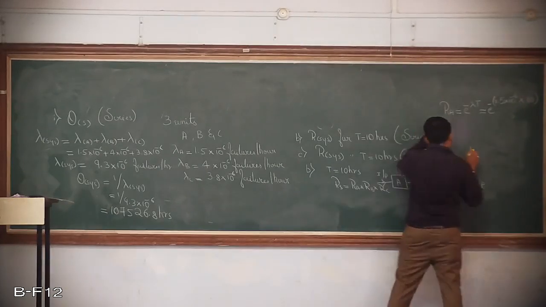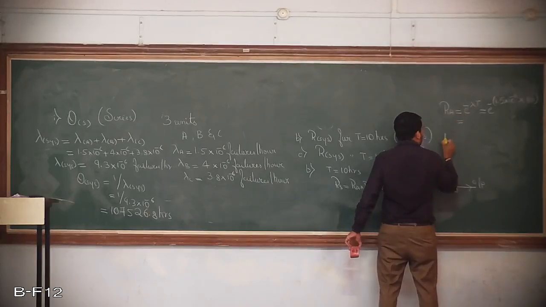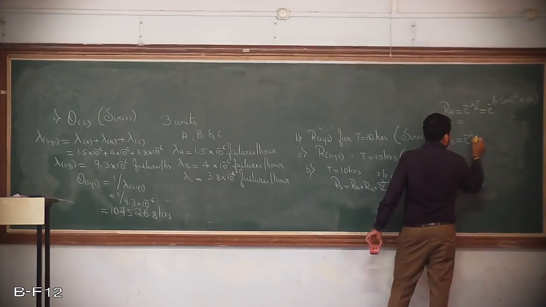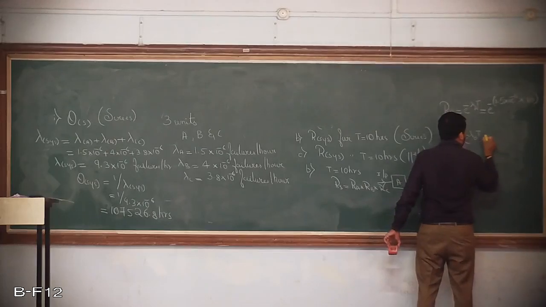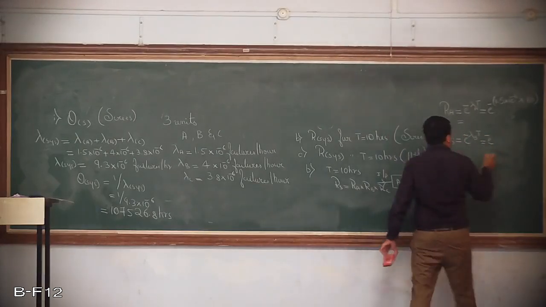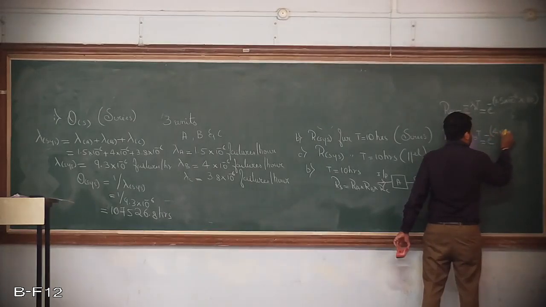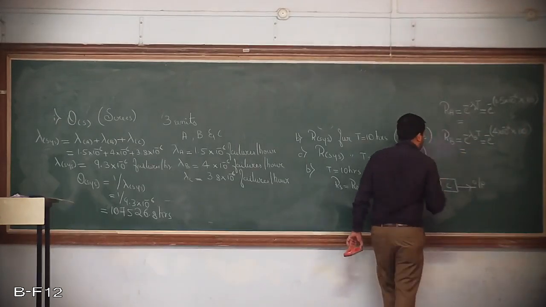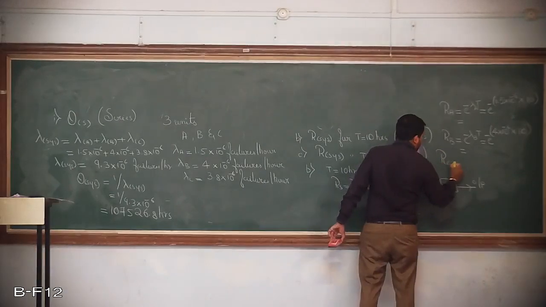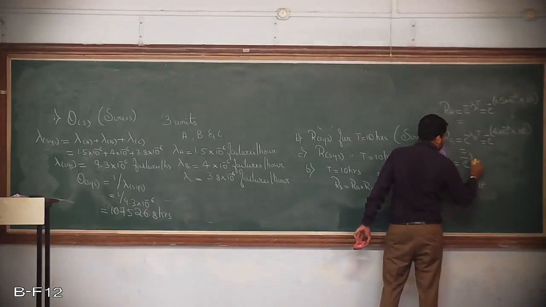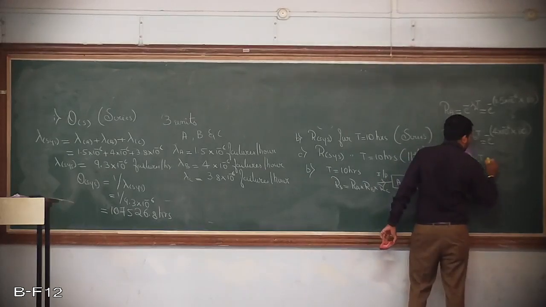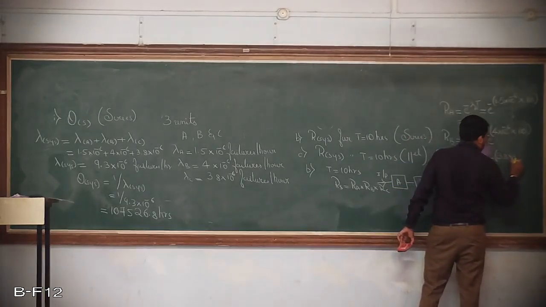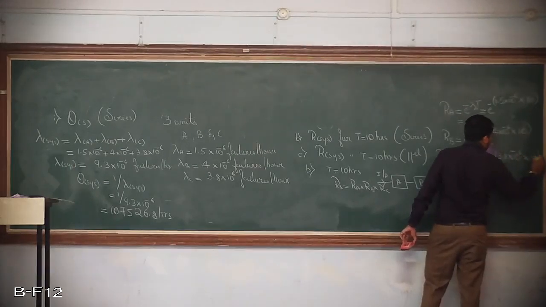And for B, it is 4 into 10 raised to minus 6 into 10, and for C, that is again 3.8 into 10 raised to minus 6 into the time period of 10.